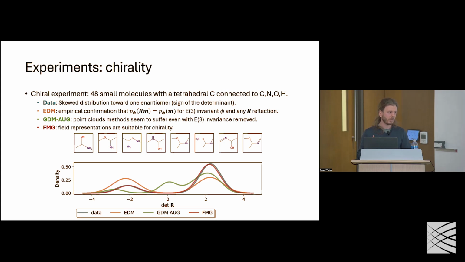Still, there are zero volume tetrahedrons in the middle that are generated, which are, of course, unnatural conformations, and they seem to have this sort of problem when directly modeling specifically a chiral data set. And then we finally have fields, which seem to be quite appropriate for this task, where FMG in red captures this distribution quite well.